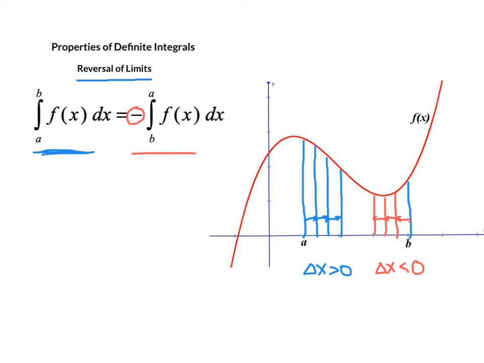The only time you really encounter that and need to use it a lot is when you start getting into definite integrals that involve u substitution, and I'm sure we will encounter that at some point as well. It should be pointed out there are two other properties that most textbooks discuss as far as definite integrals. One of them is the constant multiple rule, and the other one is the sum and difference rule. Those two technically are properties of antiderivatives.